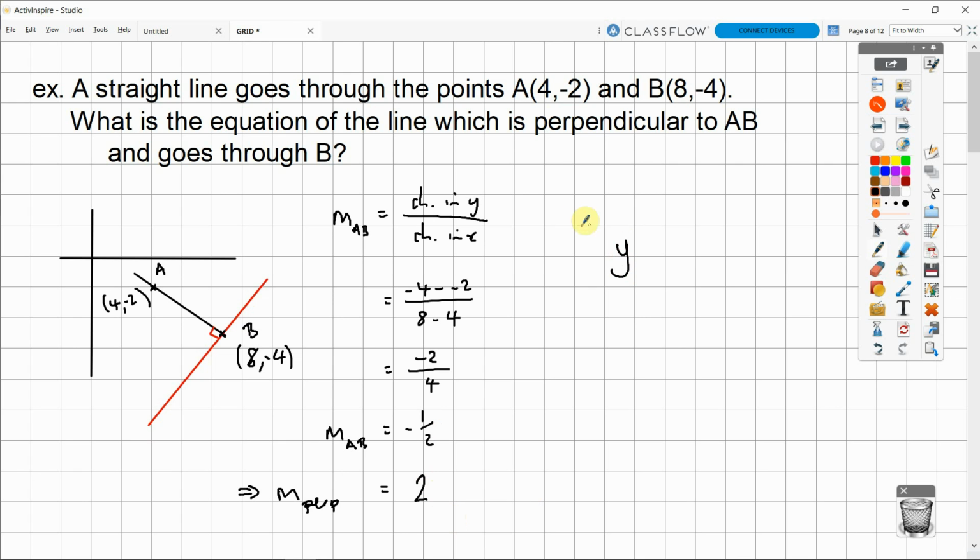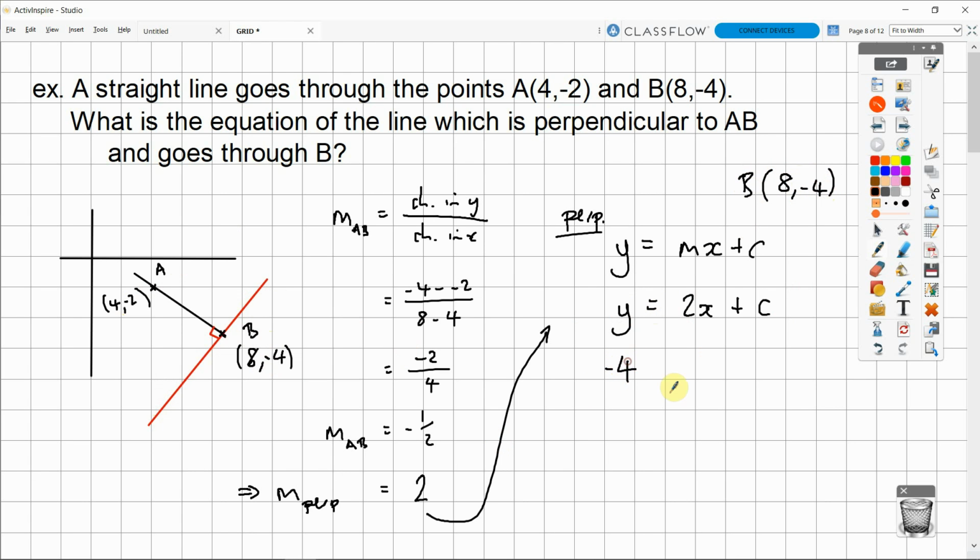So the equation of the perpendicular line, y equals mx plus c, is going to use that value for the gradient, but it also needs a point, x comma y. And it's really important now that you use the correct point. We want the line that goes through B, not the one that might go through A. It's got to go through B. So I've got to use 8 comma negative 4.